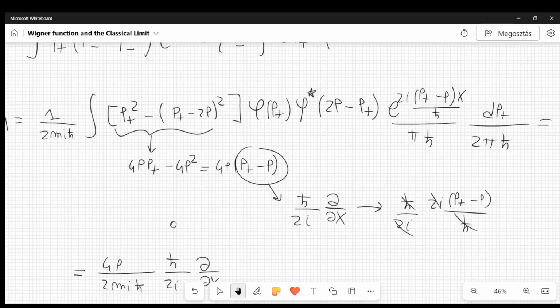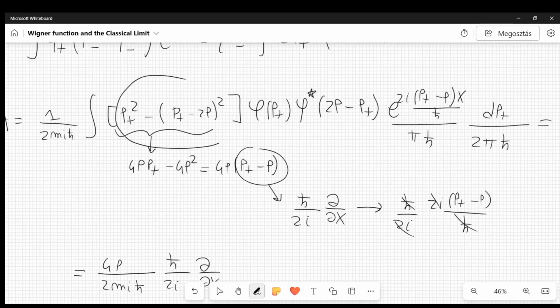And now that we have taken this part outside of the integral, because we have rewritten it like this, and then by using the trick that we can rewrite this difference as a derivative, we have taken everything outside of the integral. But if you remember, after you take this part out of the integral, what we are left with is just the Wigner function.